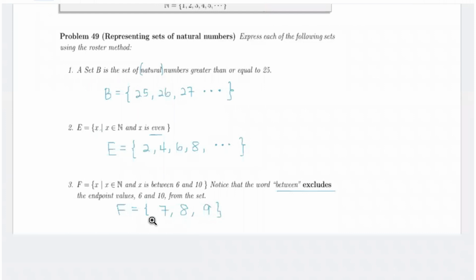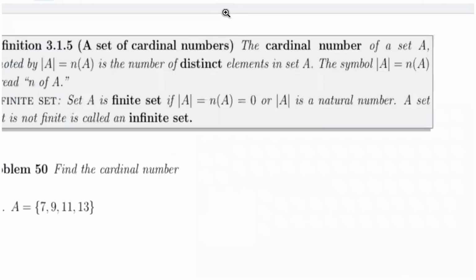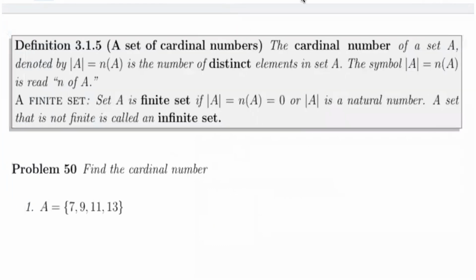So the cardinal number is 3 and so on. The cardinal number is the number of elements of a given set. We write it as n(A), the number of elements of a set A.